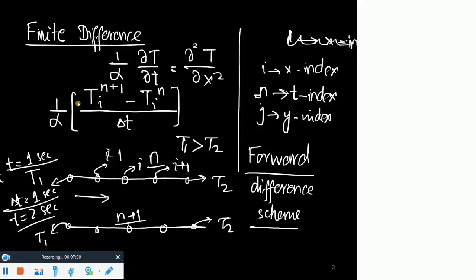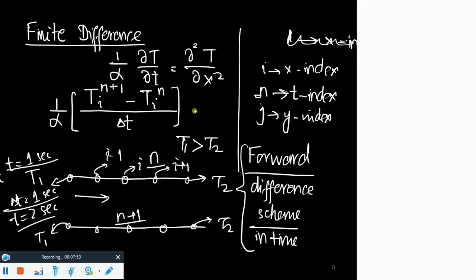For example, if I write ti plus 1 minus ti divided by delta x, still it is forward difference. So you can say forward difference in time. I am approximating this term numerically by which technique? Forward difference in time.